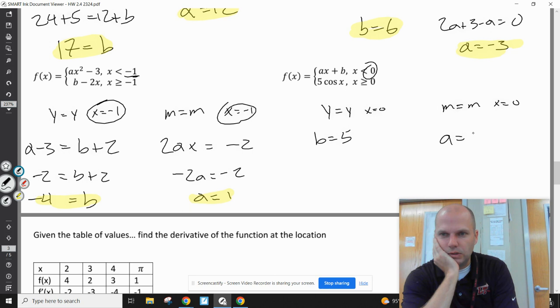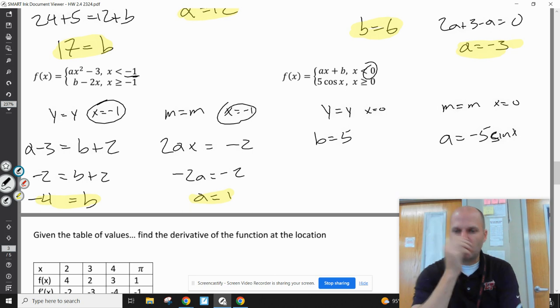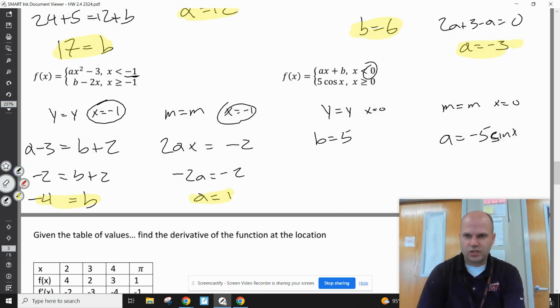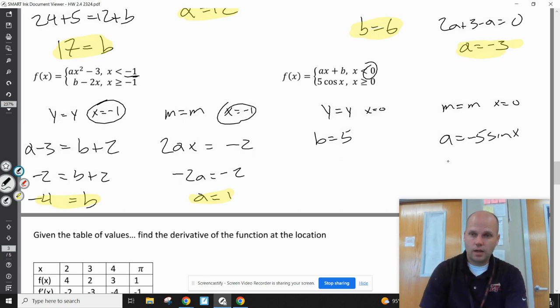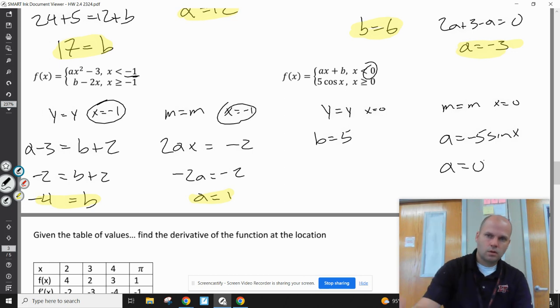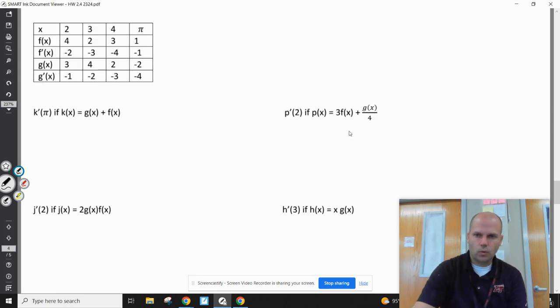A has to equal 0. The slopes of 5 cosine, -5 sine. Plug in 0. A is 0. B is 5. Cool.